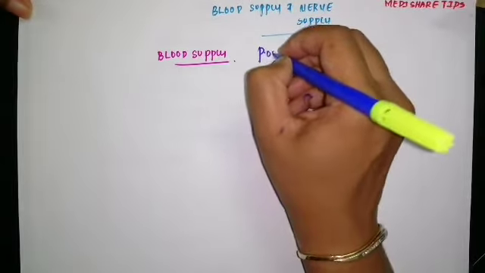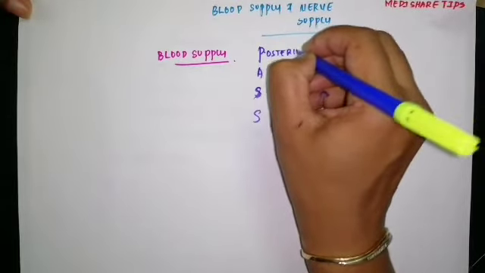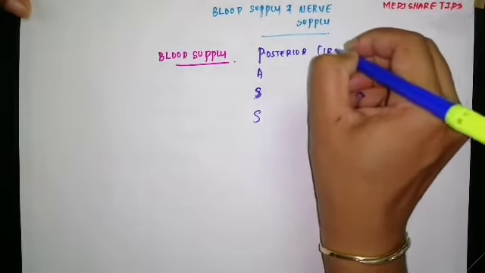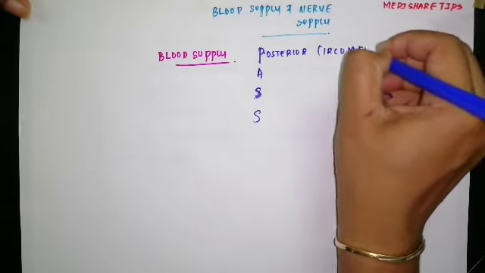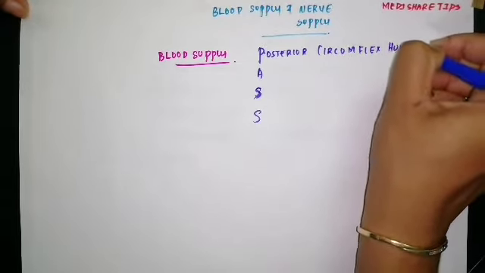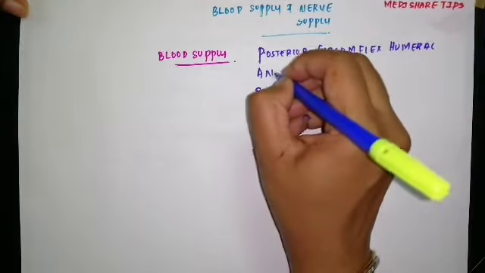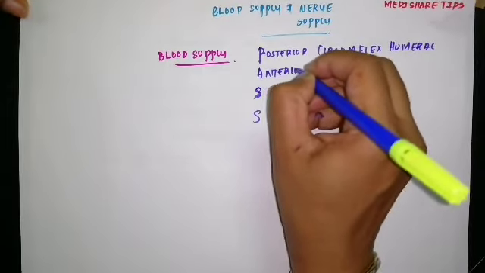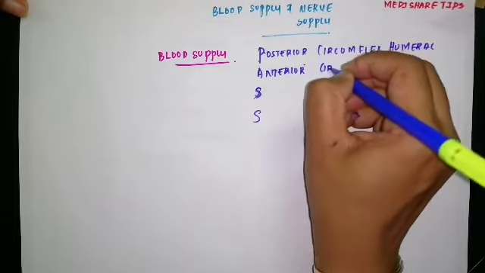P stands for posterior circumflex humeral, which is a branch of the third part of the axillary artery. And anterior circumflex humeral, this is also a branch of the third part of the axillary artery.